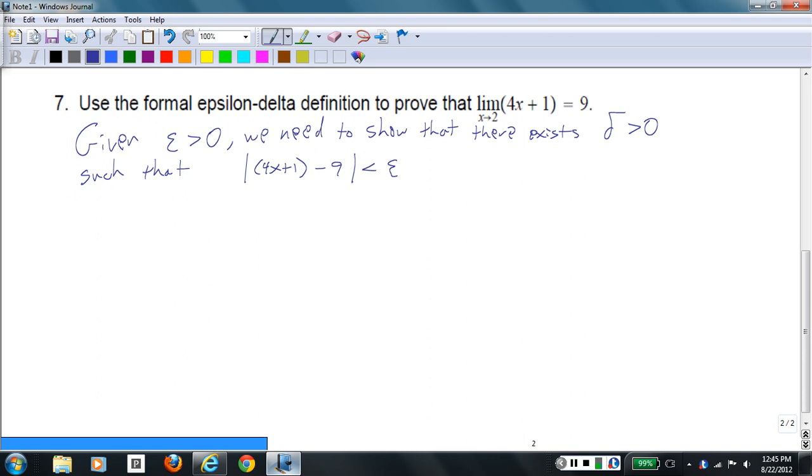It's got to be within epsilon of 9. So the difference between 4x plus 1 and 9 is less than epsilon whenever the absolute value of x minus 2 is less than delta.